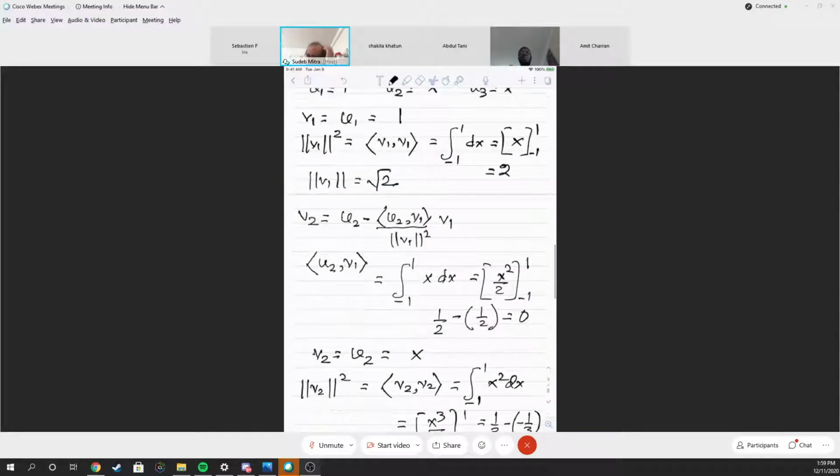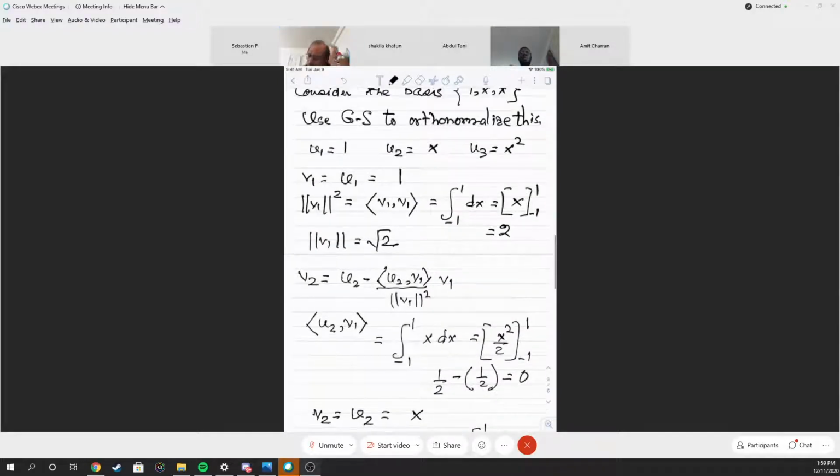Let's check this carefully. This is correct. Now what is your question? The norm of v1 squared should be 2, not 2/3, isn't it? You wrote 2 over there, but in the answer you wrote 2/3 over 2/3.